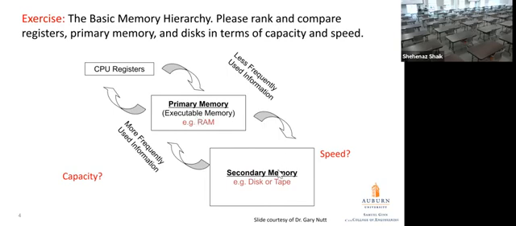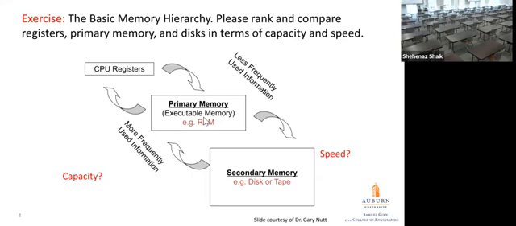So the amount of storage capacity over here is pretty high, but considering it is accessed over a secondary bus, the data that we have on the secondary memory can be accessed at a longer delay as compared to the amount of time that it takes for the processor to access the physical memory.